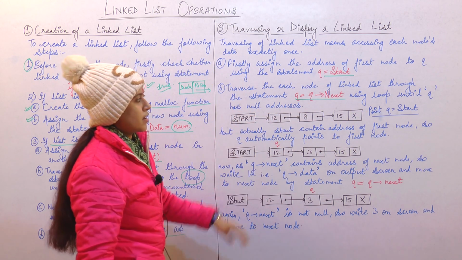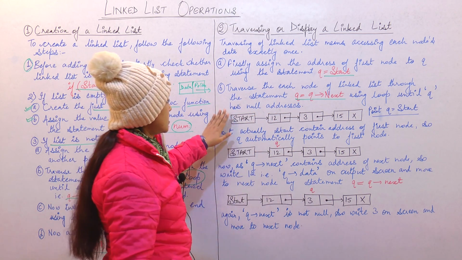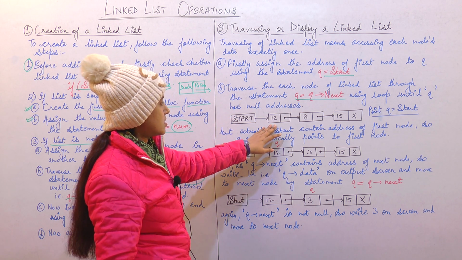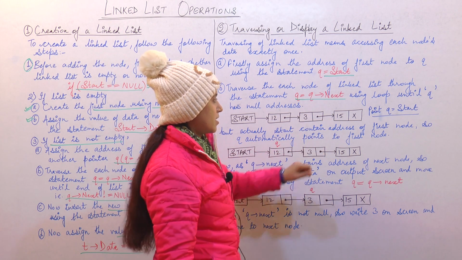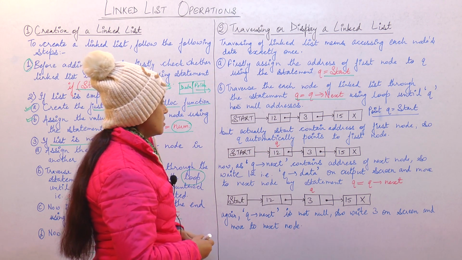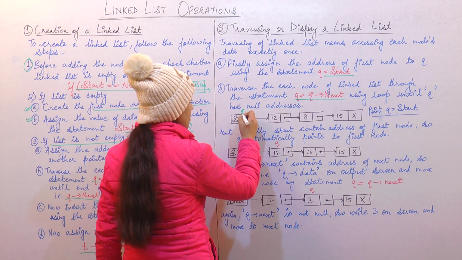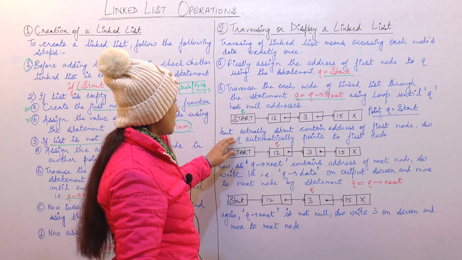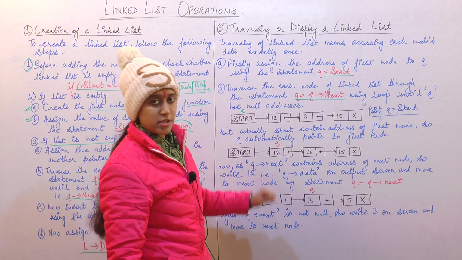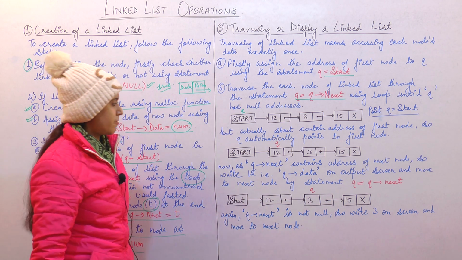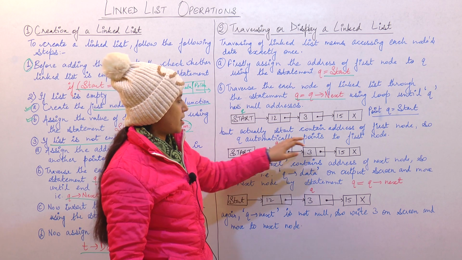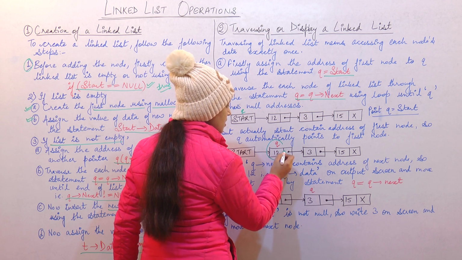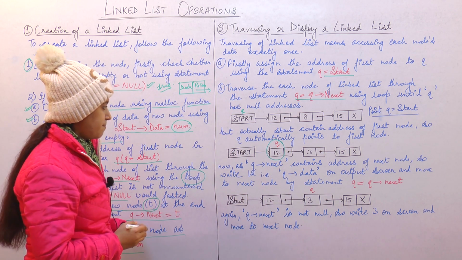So this is an example of a linked list. In this, our first node is 12, then 3 and then 15. Pointing Q = start: since start contains the address of the first node, Q automatically points to the first node, that is, the node containing the data 12.